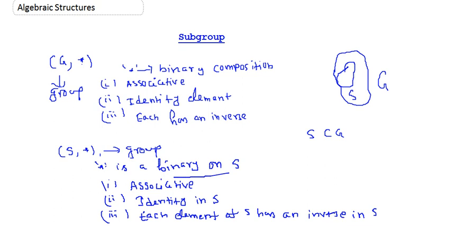Not every subset of G becomes a group. Subgroup means, in plain English, a subset plus a group: a subset of the set G which is also a group under the same induced composition of G. Then we call that subset a subgroup of the group G. That's all. Let me give you some examples.